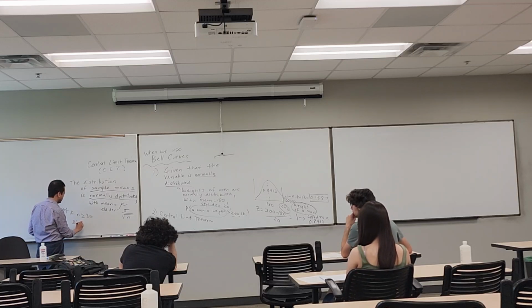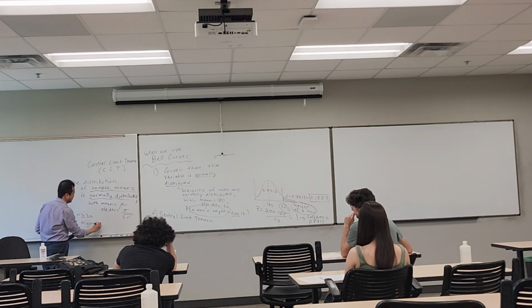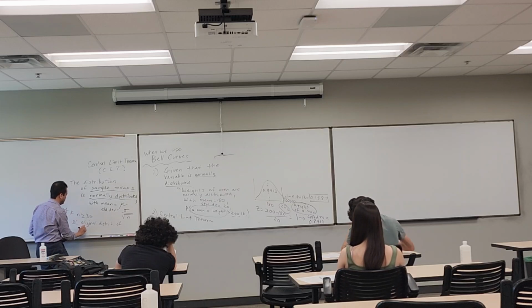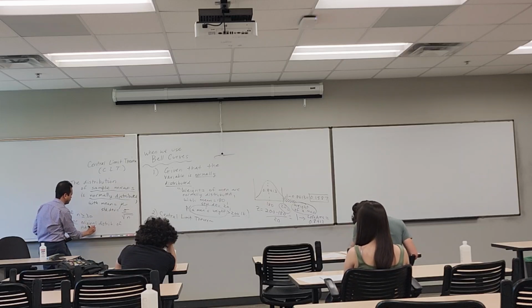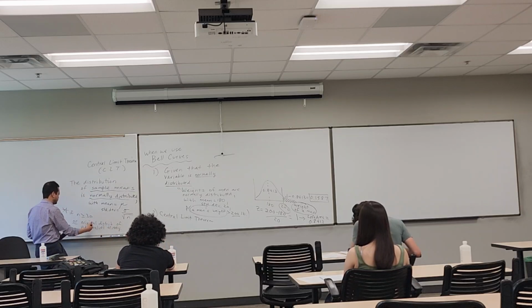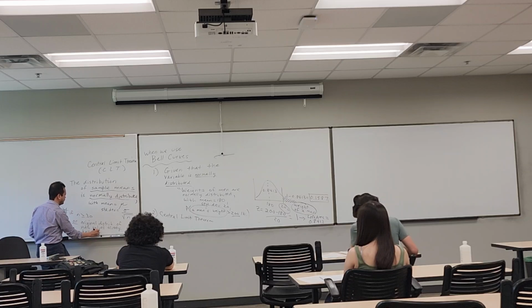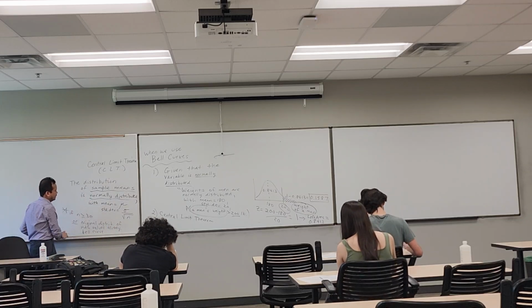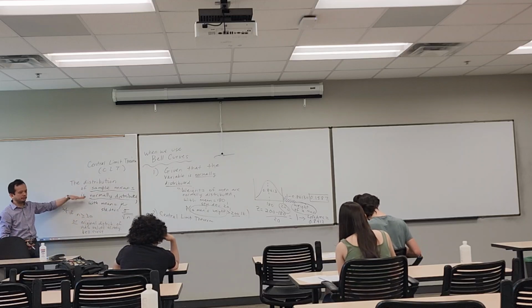Or original distribution of individual values already normally distributed. I'll say already bell curve. Okay, so this is what we talked about last time.